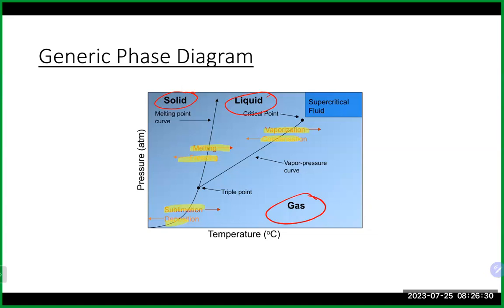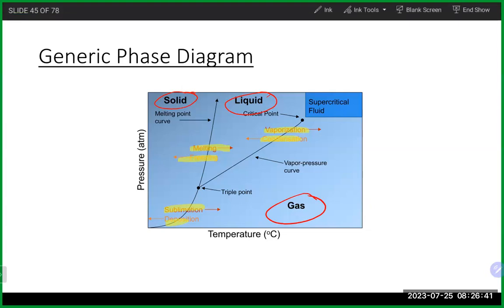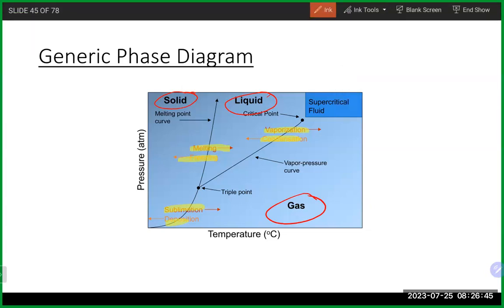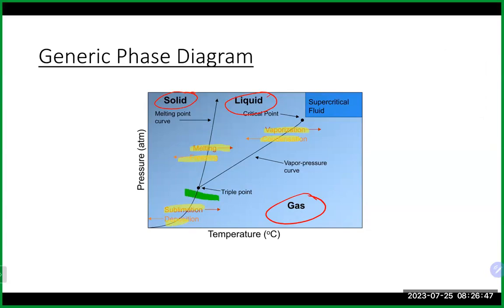They happen as you cross the line, going from, say, solid to liquid or liquid to gas. Down here, sublimation and deposition go directly from solid into the gas phase, with no liquid phase in between. This is the pressure and the temperature associated with that.